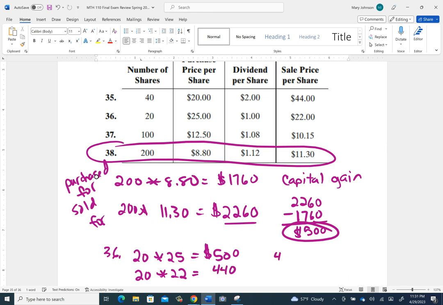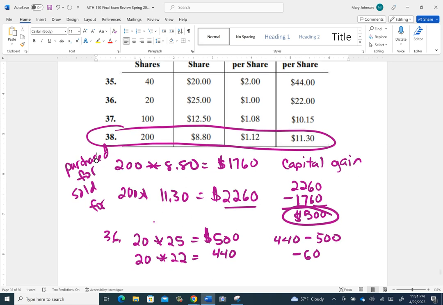So on that one, 440 take away 500, that's a negative 60. So we lost. It's a capital loss of $60. Or the capital gain is negative 60. Okay, that's it.